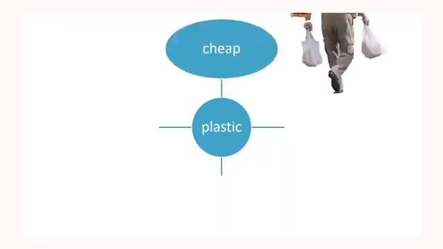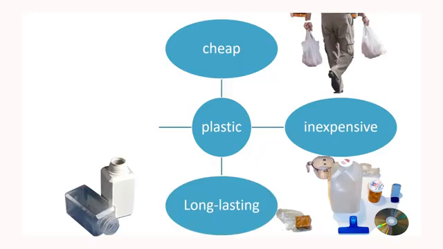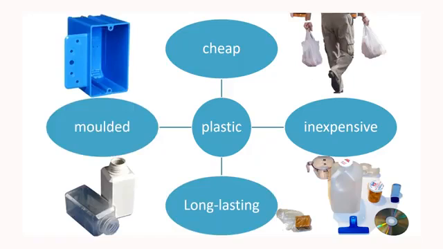We also learnt that plastic is very cheap, it is inexpensive, it is long lasting and it can be molded into any form. Now, due to these qualities, plastic is a threat to our environment.